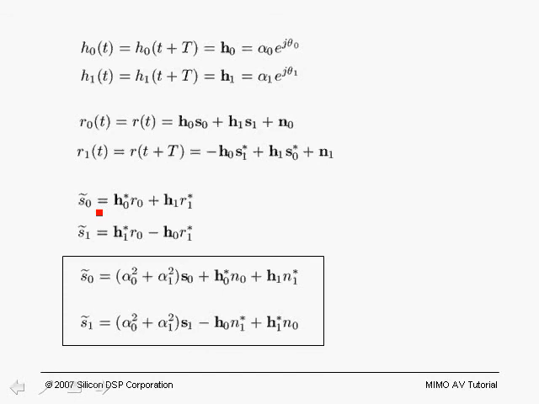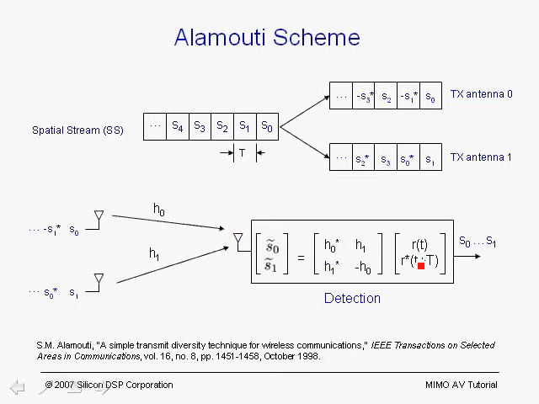Now we form the estimates S0 tilde and S1 tilde as follows. S0 tilde is a combination of r0 times h0 conjugate plus, in the next time slot, h1 conjugate times r1, and we also form S1 tilde, which is equal to h1 conjugate r0 minus h0 r1 conjugate. And this is just this matrix operation on r0 and r1 conjugate.